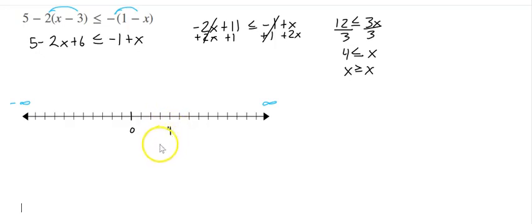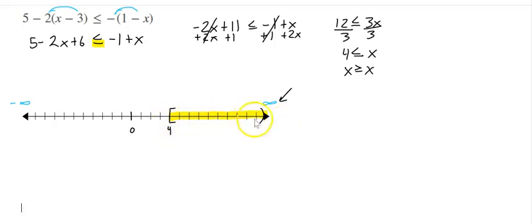Put a 4 right here. Remember, we've got this or equal to. This is also greater than, which means it's going in this direction right here. And since we're using or equal to, we can put a bracket facing in that direction. We would close this off with a parenthesis because you can never equal infinity.